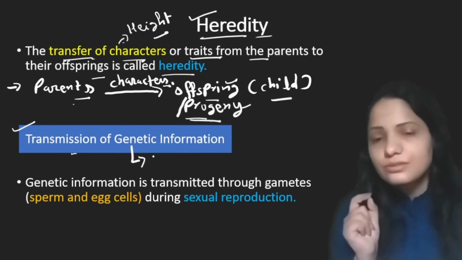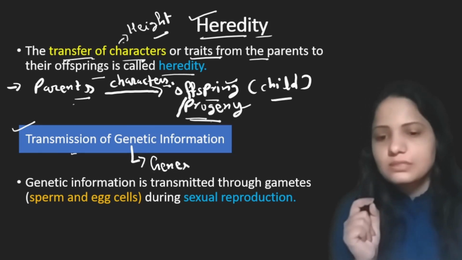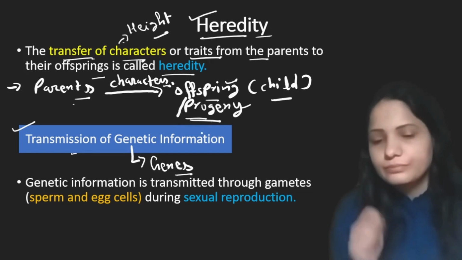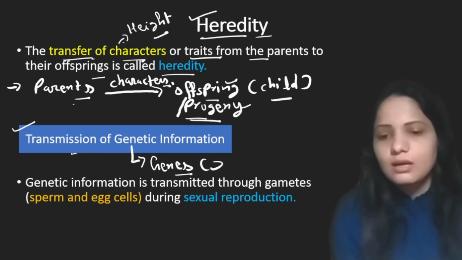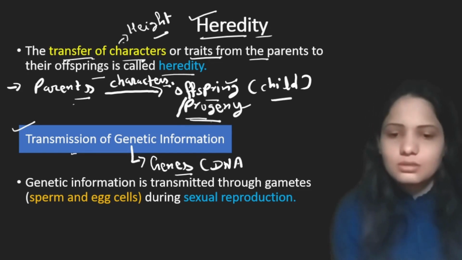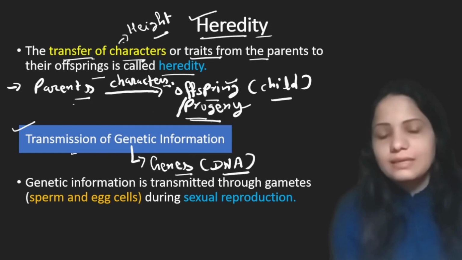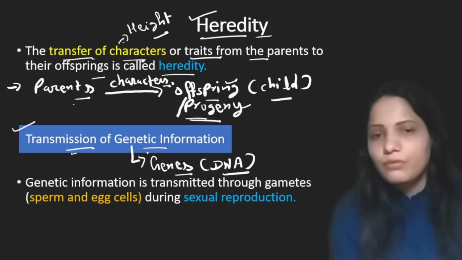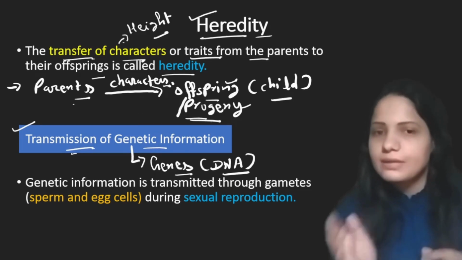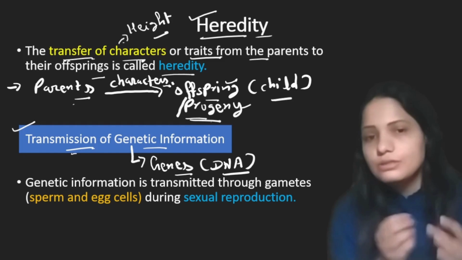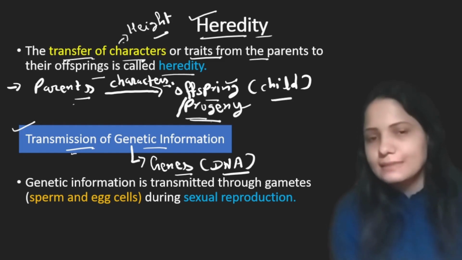Genetic information is the information which is present in the genes. Genes are present in our DNA. So we can say that it is the transmission of genetic information in the form of DNA from parents to their offspring. This process is known as heredity.